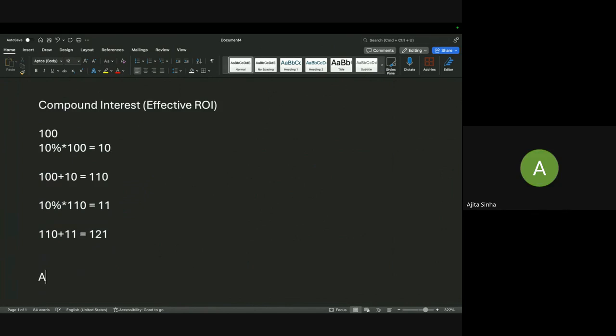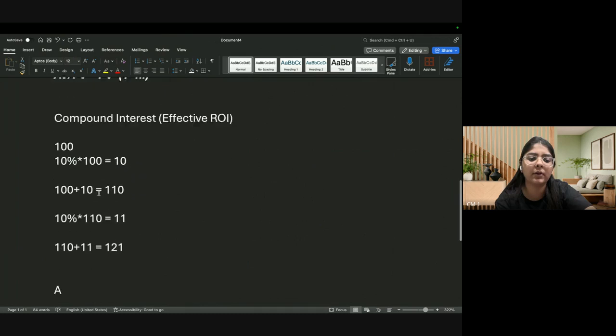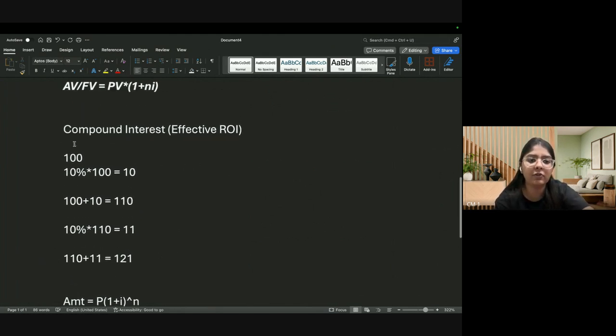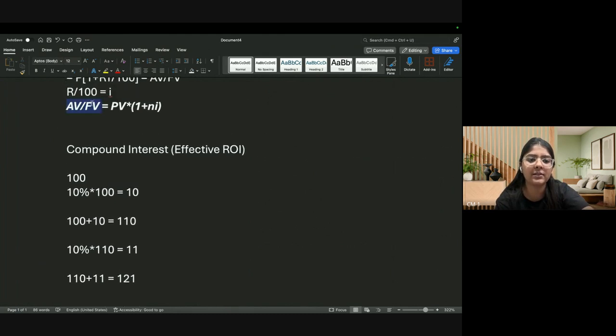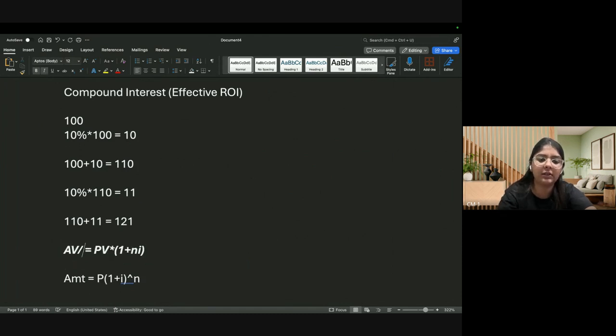So here, when we calculate this amount, how will we do this? AMT, amount, equals P, which is the principal, times 1 plus I raised to the power n. So when you compare this with the previous formula, I am just going to delete this because somebody might think this is a division.